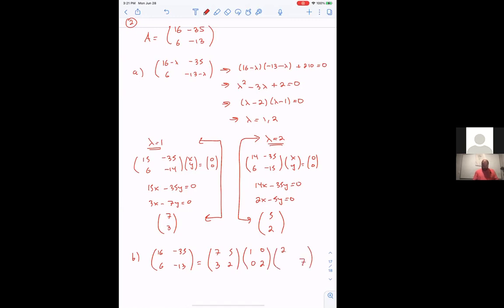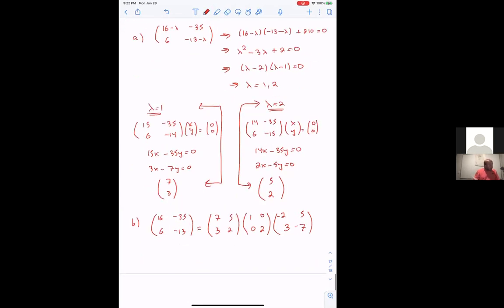I flop those, I negate those, and then I divide by the determinant, which is 14 minus 15, which is negative 1. Dividing by negative 1 is the same thing as multiplying by negative 1, which means I can just change all the signs. So I get negative 2, 5, 3, negative 7. So that is part B.